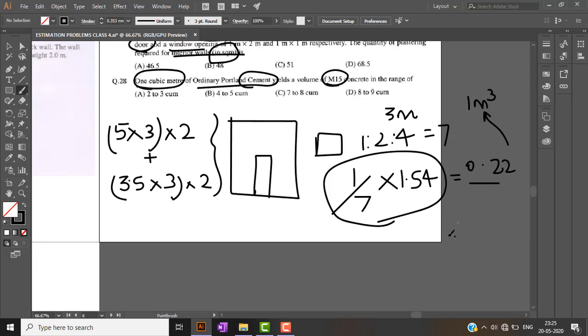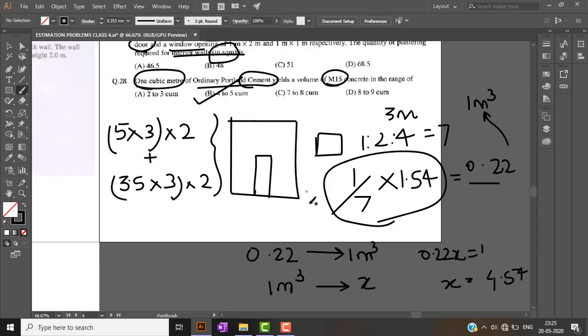So 0.22 meter cube of cement gives me 1 meter cube of concrete; 1 meter cube of cement will give me how much concrete? Let's consider this as x, cross multiply. 0.22x is equal to 1. X is 1 divided by 0.22, that is 4.54. So the answer is B.